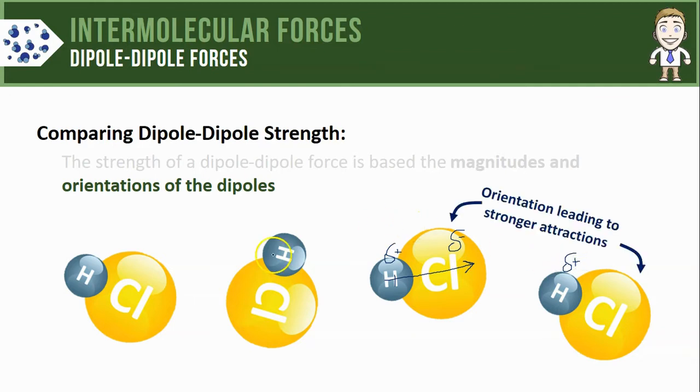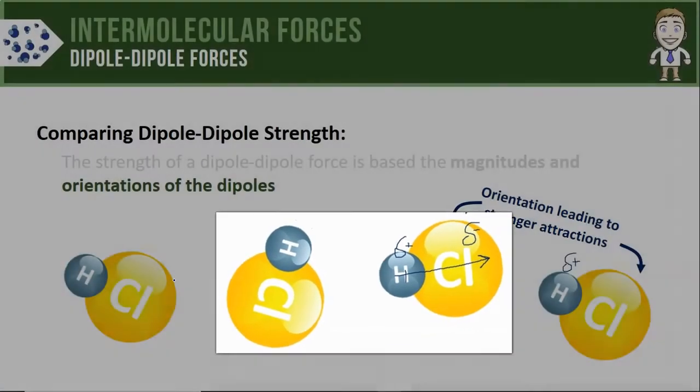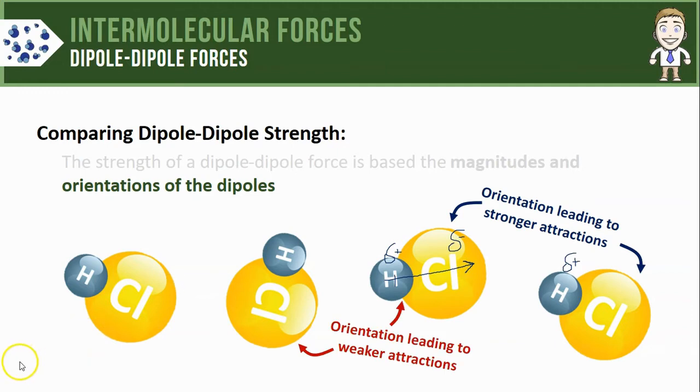That's an orientation that's going to lead to stronger attractions since the negative and positive poles are directed towards one another. On the middle two molecules, however, the partially positive hydrogen is not directed towards the partially negative chlorine, so those two molecules might experience some attraction, but it's likely to be much weaker than the other.